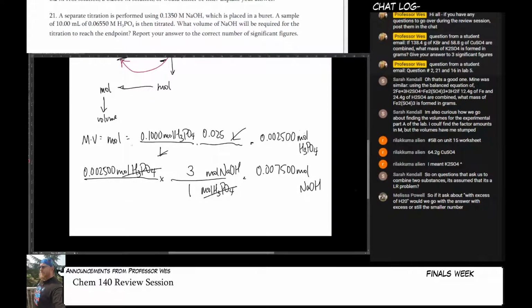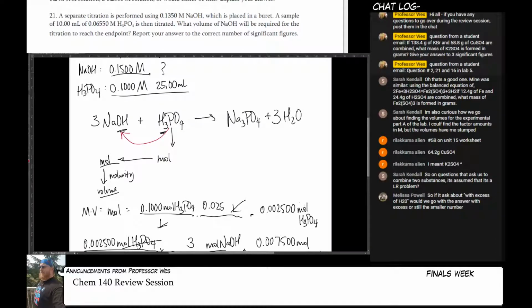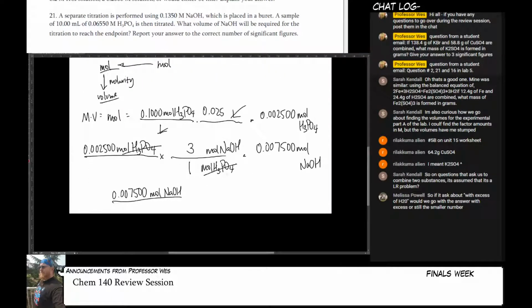And then the last thing I can do is turn moles into volume by using molarity. If I know the molarity of the sodium hydroxide solution, which I do, I wrote up here it was 0.1500 moles NaOH per liter.